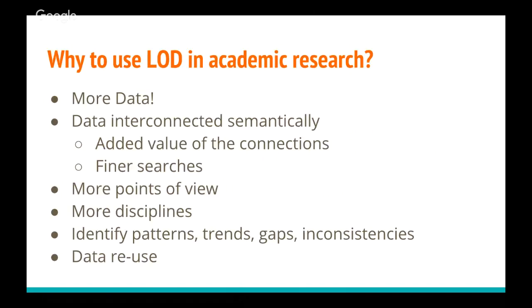Because these data are also interconnected semantically, which means to me at least two more important points. And one is that, again, on top of the value of the information, which is already really precious to us, we have the added value of the connections. And as humanists, we know that that is as important as the data itself, if sometimes not even more.